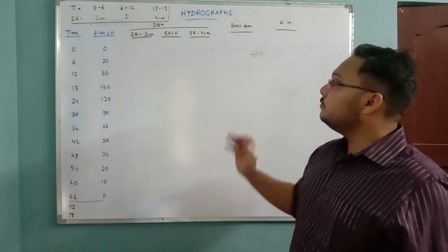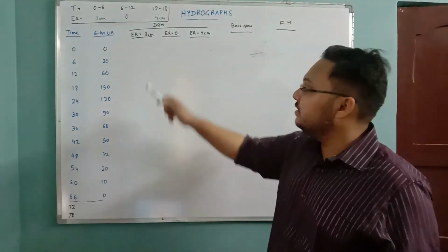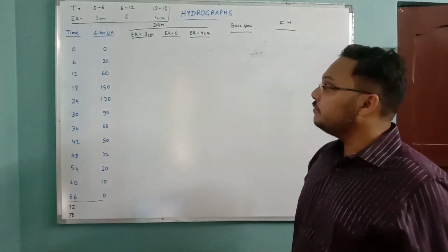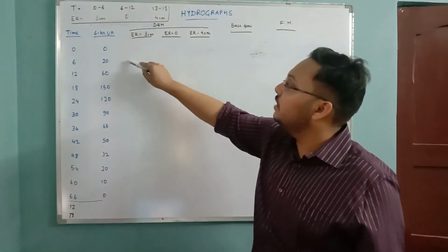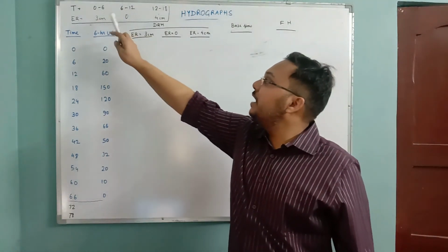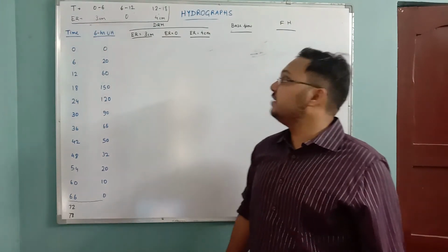Okay, so just imagine the scenario that we had this particular unit hydrograph, and all of a sudden in the 0 to the 6th hour, we had this rainfall which had an effective rainfall of 3 centimeter.